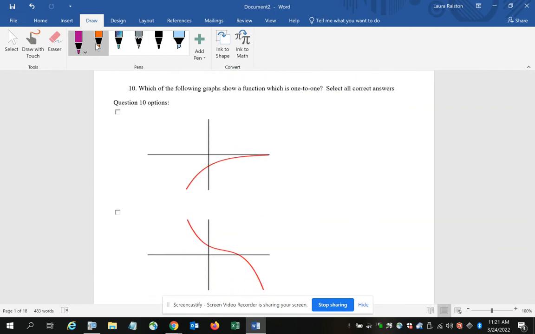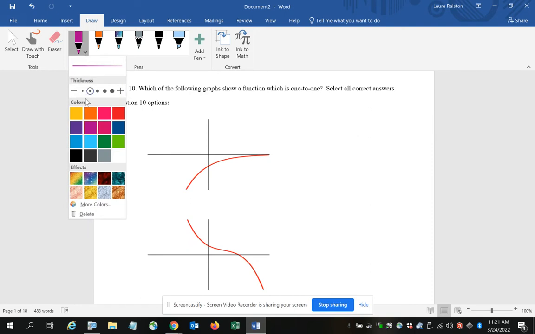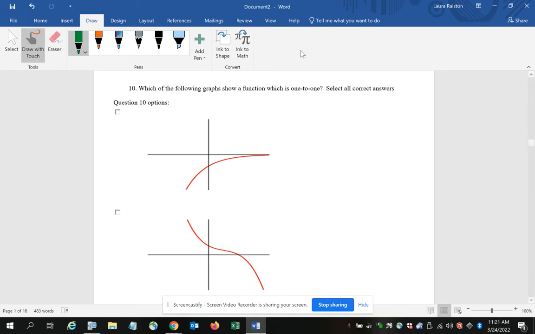Number 10 asks you to identify which of the graphs are 1-to-1. Okay, which of the graphs are 1-to-1, and it says select all correct answers. Guys, there's several questions like that where you should possibly check more than one correct answer.